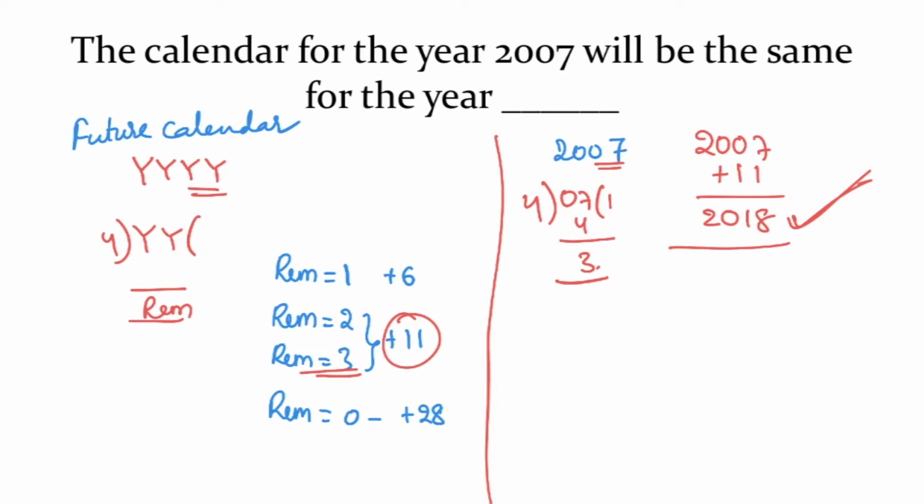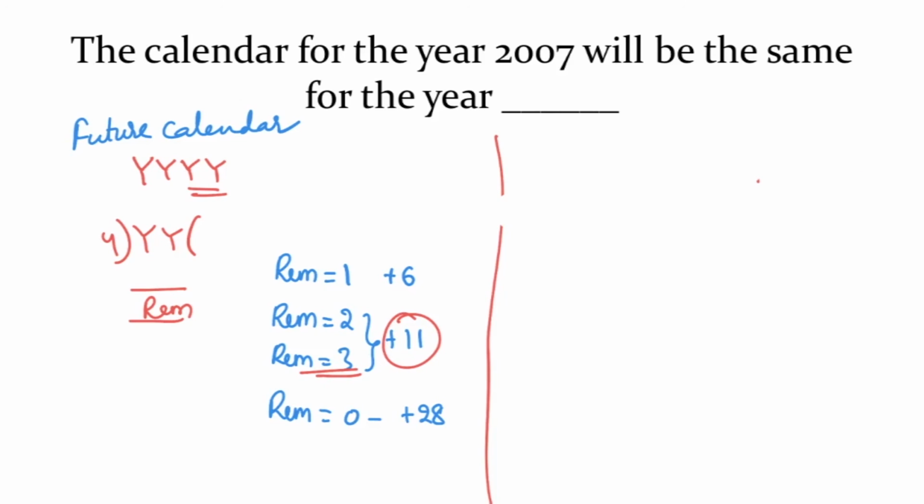For example, if 2017 is given, we divide the last 2 digits 17 by 4. 4 times 16, 1 is remainder. What will you do if remainder is 1?